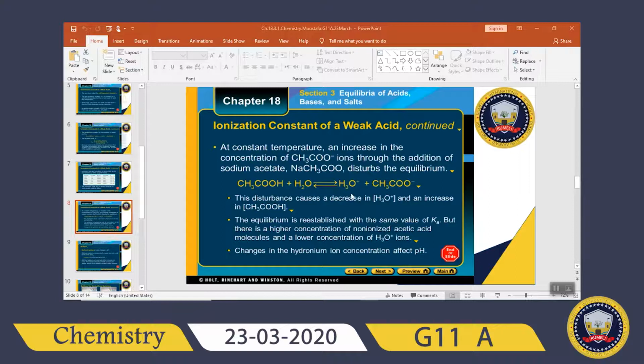If you have a low concentration of H3O+, will this increase or decrease the pH? It will increase the pH toward alkalinity. So the pH of the solution will change, and it will be close to 7.